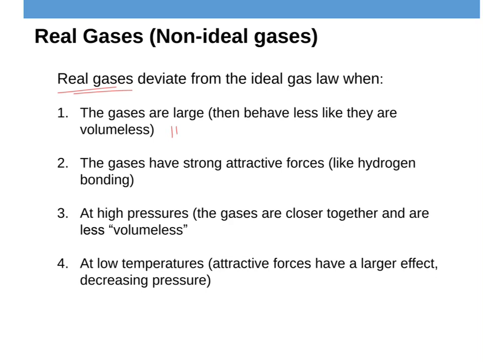So if you compare something like helium, which is very, very small, it behaves pretty ideally. But if you go into a much larger atom like krypton, which is very big, it behaves non-ideally.